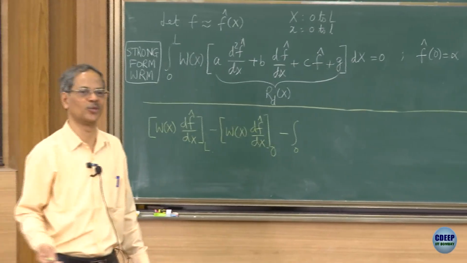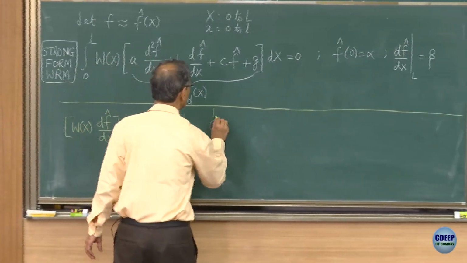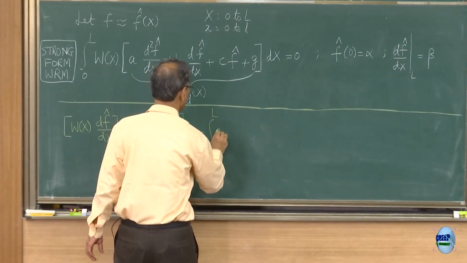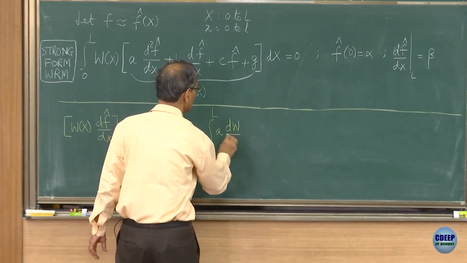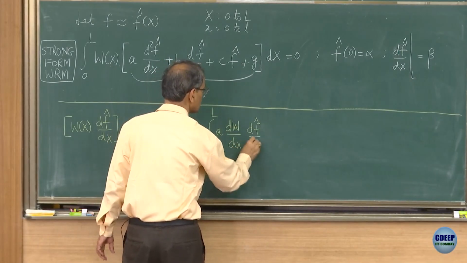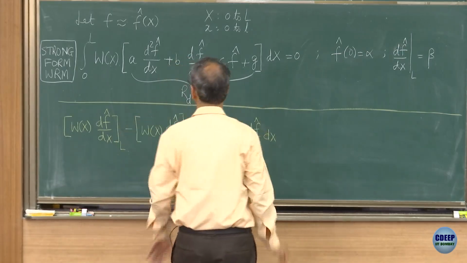Practice problems also you have solved, so you know how the equations look. Integral 0 to L a dw by dx df hat by dx dx. Rest of the terms I am not going to touch.